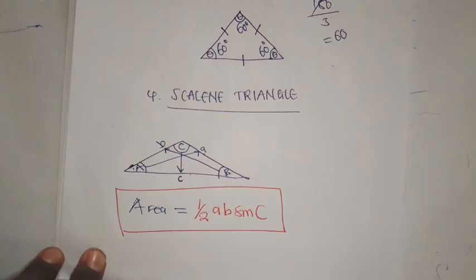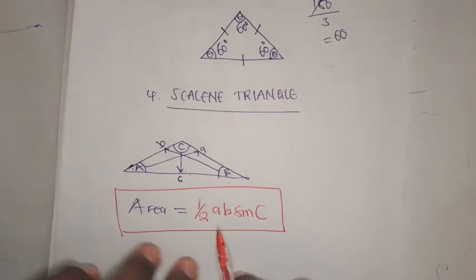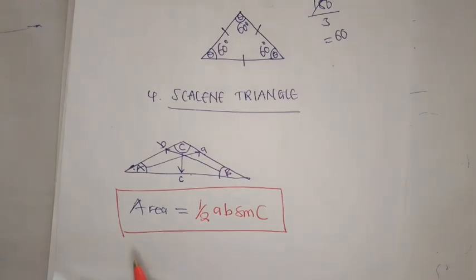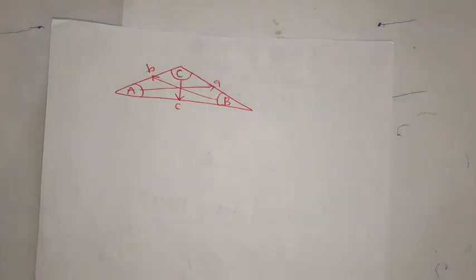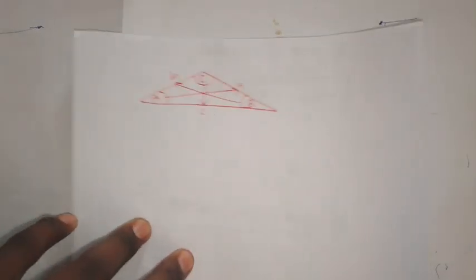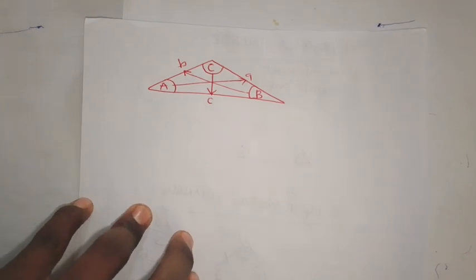Area is equal to half AB sin C. That's the formula for area. Let me just write it on the new page.